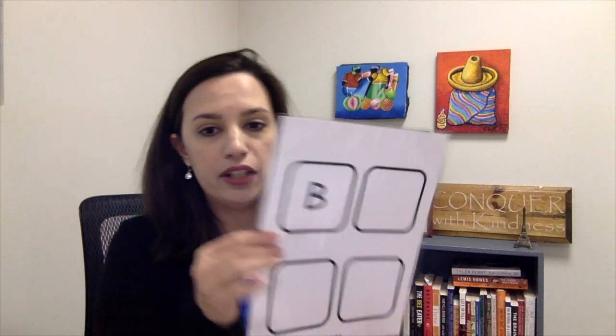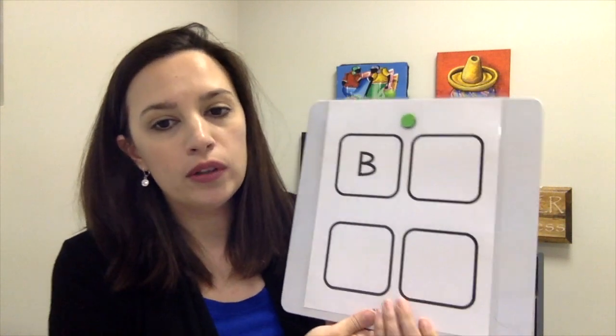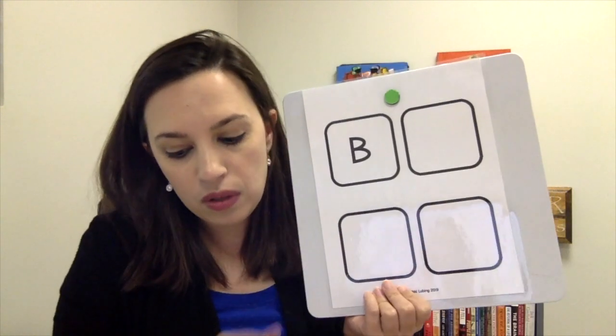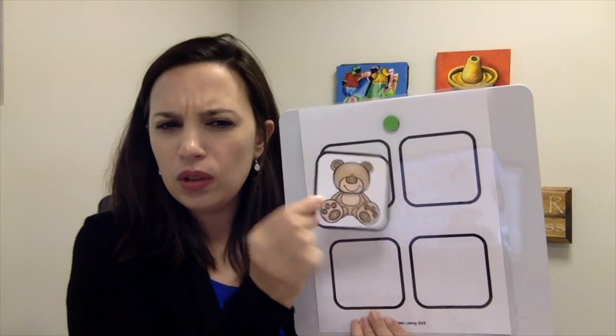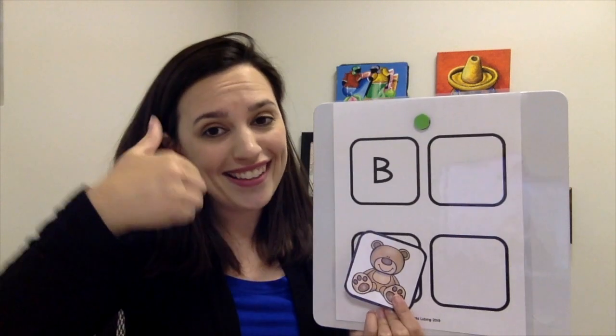Okay? Another activity you could do instead of having the letters is you could have like a sorting sheet. So this might be a little bit more clear what they have to do. So bear, yes or no. And you could say yes or no, like this.